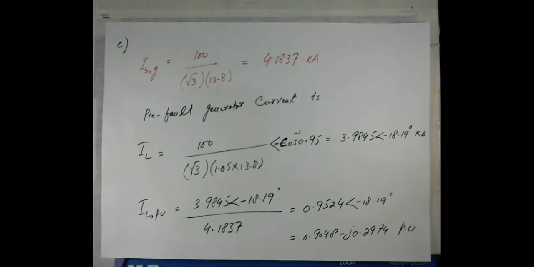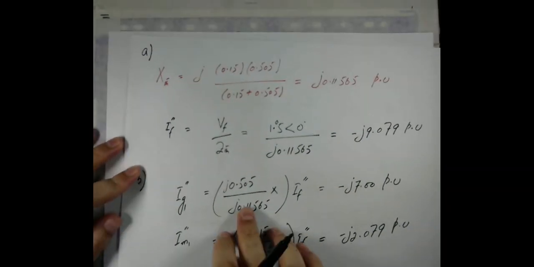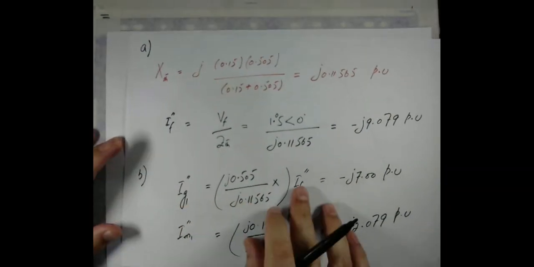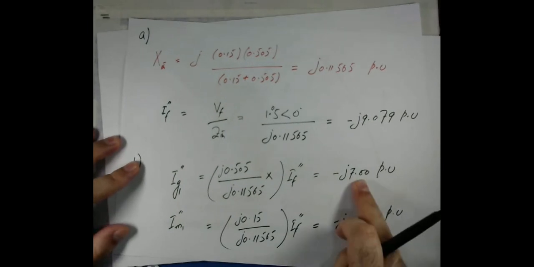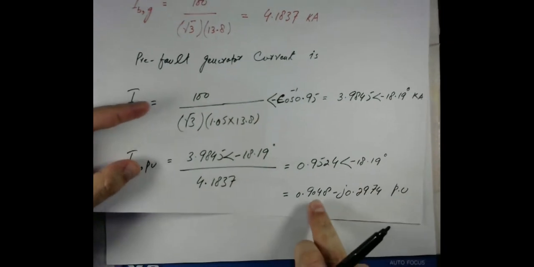So now let me add this current to the current that we found before. So this was because in the task B we neglect the load current, and now we will consider the load current. So with this current I will add the current, that is this value.